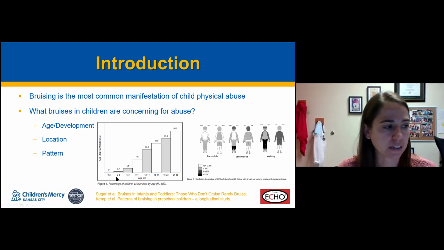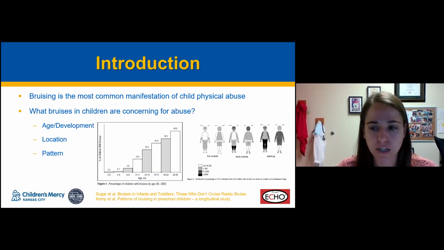Along the x-axis, she is showing child age in months from youngest to oldest, and the y-axis shows the percent of kids with bruising. What they demonstrated in their study is that bruising was rare in kids who were under 6 months of age, or that pre-mobile age group, and then bruises increase with increasing independent mobility.